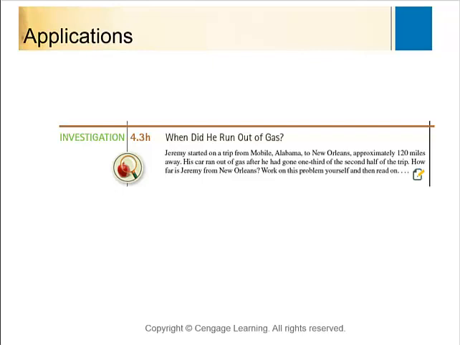So let's see what this problem is about. We're going on a trip 120 miles away, and he runs out of gas after he has gone a third of the second half of the trip. So let me try and draw this. Okay, so his car ran out of gas after he had gone 1/3 of the second half of the trip.